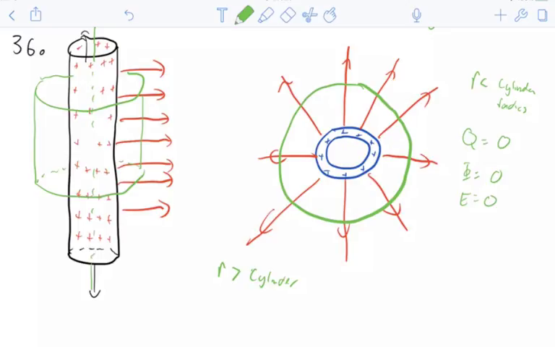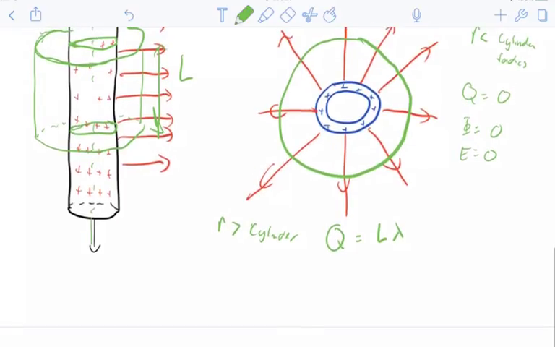Well, the charge is going to depend on the linear charge distribution of the cylinder, right? And so the charge enclosed, you imagine this is literally a box, and so it has snipped off this length L piece of box. L lambda is the amount of charge inside there.